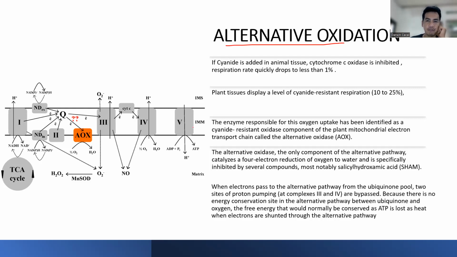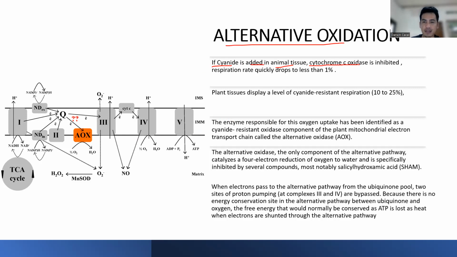Okay? So, that is the alternative oxidation rate. So, meron tayong tinatawag dito na cyanide. If the cyanide is added in animal tissues, yung ating cytochrome C oxidase is inhibited.